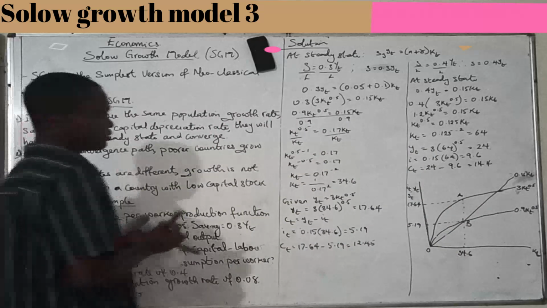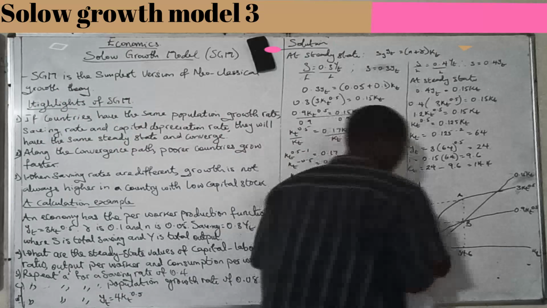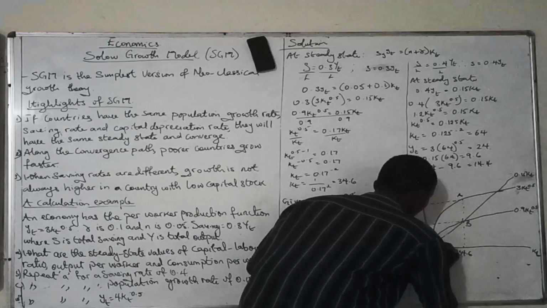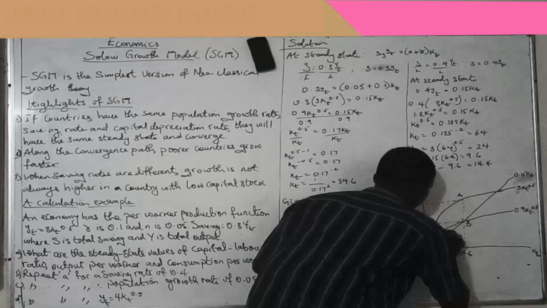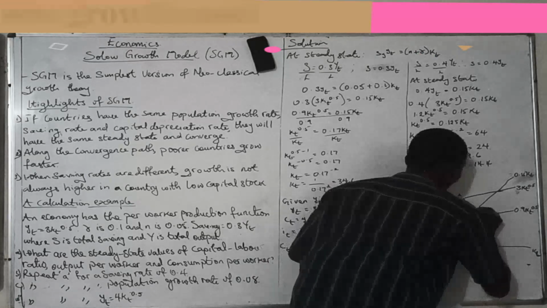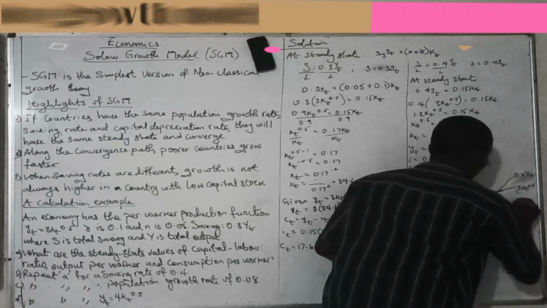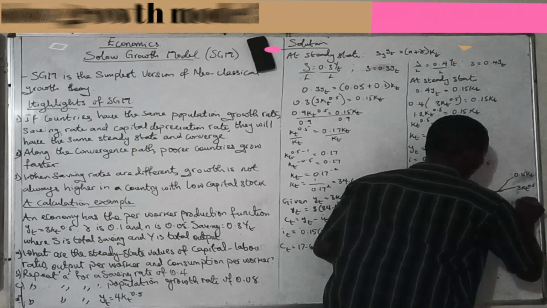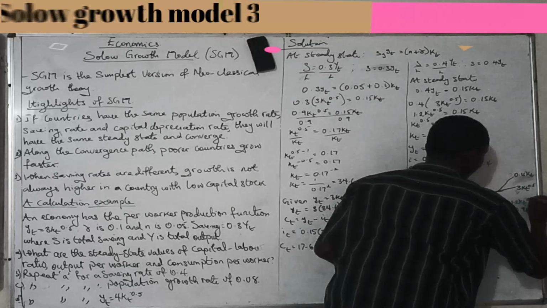But now that the savings rate has increased, we have the initial savings, and we have something like this. This one is 1.2 KT raised by 0.5.